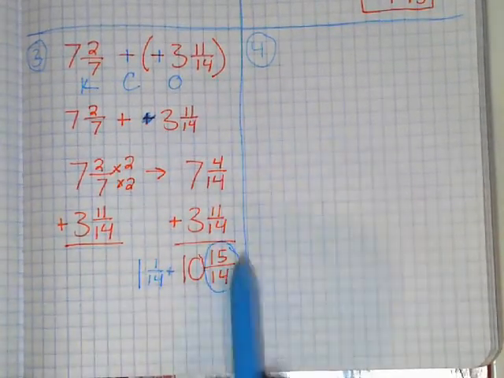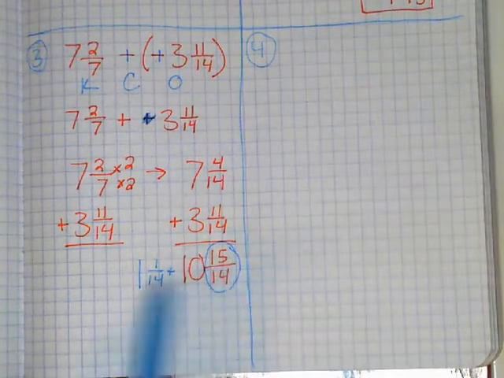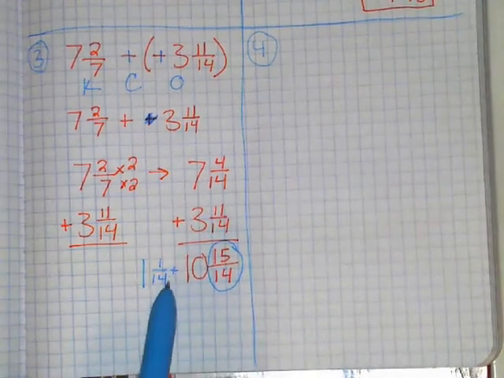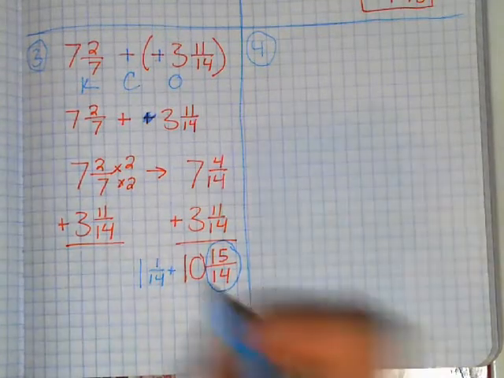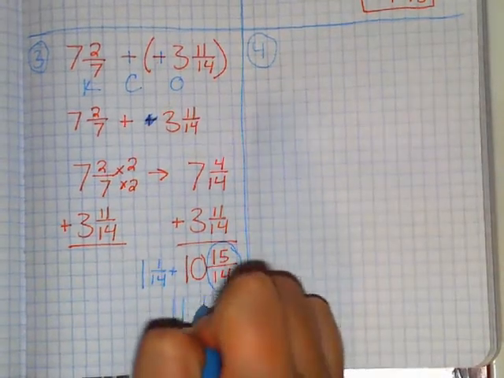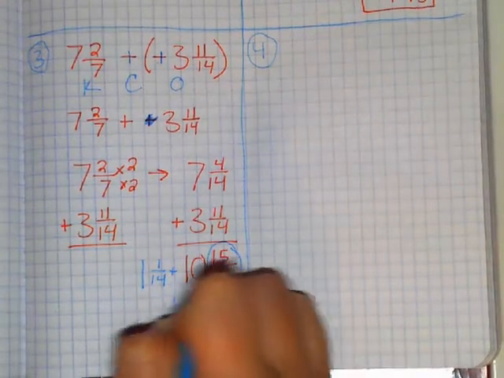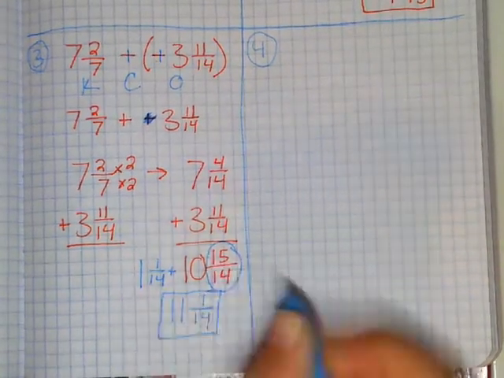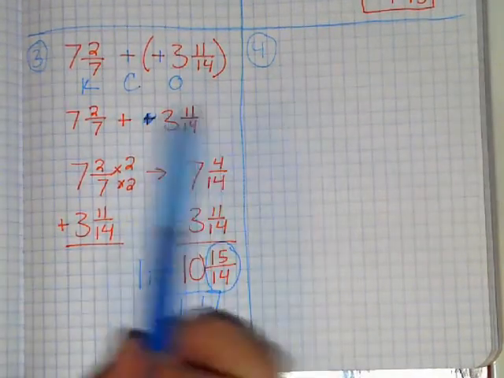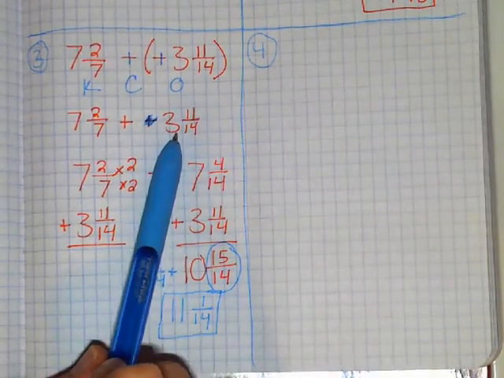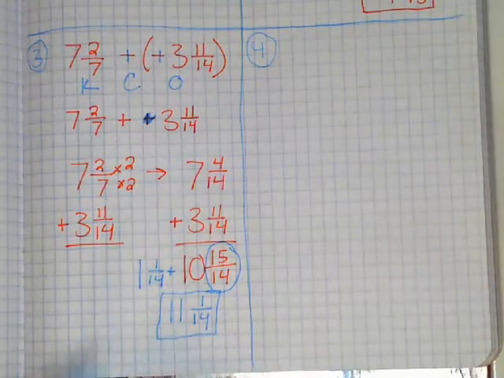So this 15/14 becomes 1 and 1/14. My final answer is now going to be 11 and 1/14. Because we added two different fractions that ended up being the same sign, both positives, my answer is a positive answer.